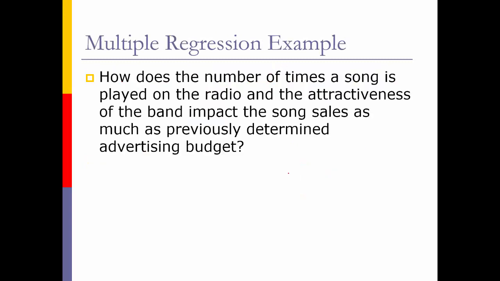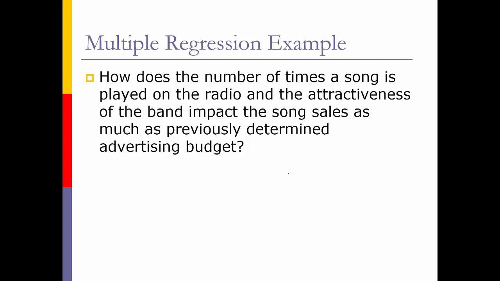Now let's go over a real simple example on how to do this in SPSS. So we've got a song, it's played on the radio, and obviously there's an attractiveness of the band. Since the internet is so prevalent, we know what the band exactly looks like upon assembly of that band. So does the attractiveness or the number of times it's played, I should have said not necessarily on the radio, but maybe accessible on the internet, does that impact song sales as much as the advertising budget?